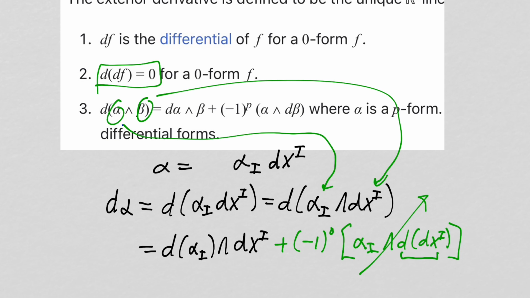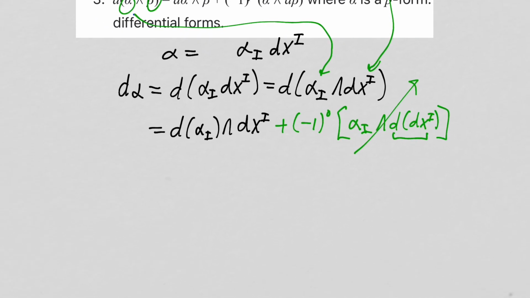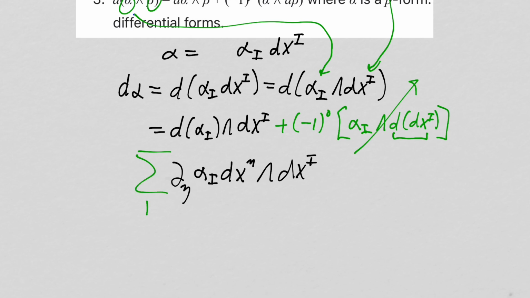So now we are left with the first term itself, but we know how to do the first term. It's partial_eta alpha_I dx^eta wedge dx^I. Phew. And with the implied sum over I, which comes up front, this is d alpha.